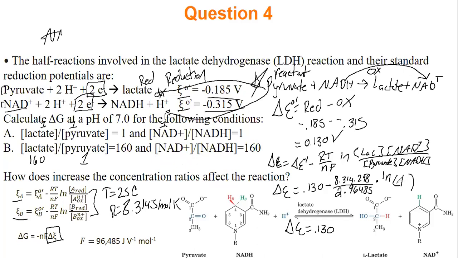We can then calculate delta G by using our equation on the bottom left there. Delta G equals minus NF delta E. So N is 2, F is the constant. Delta E we just calculated is 0.130. And that should be minus 25.1 kilojoules per mole.